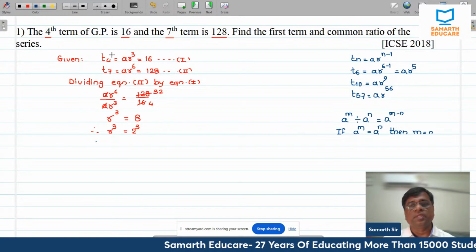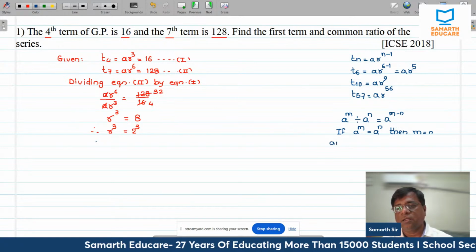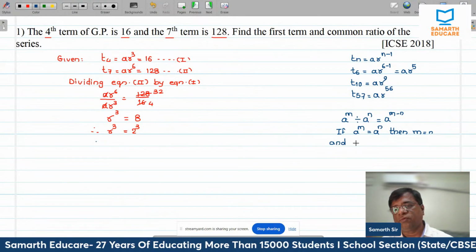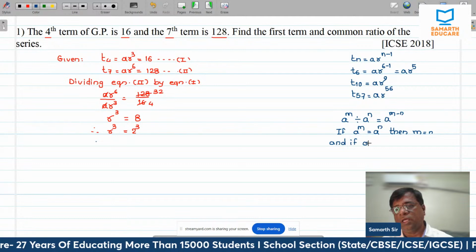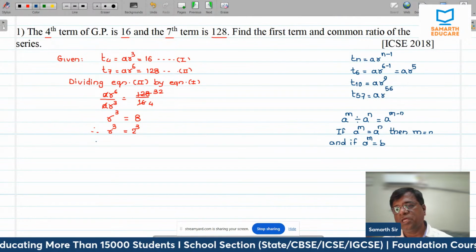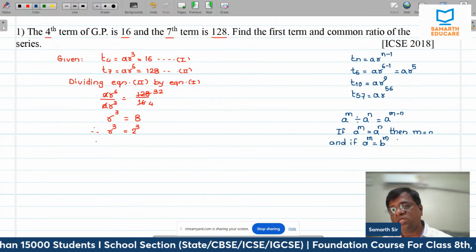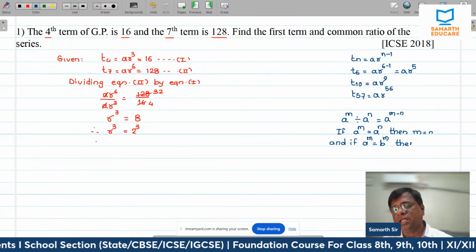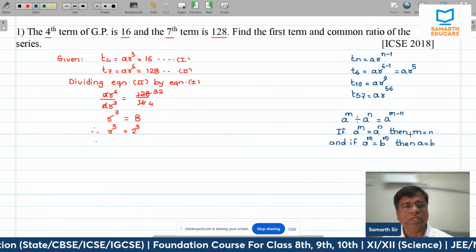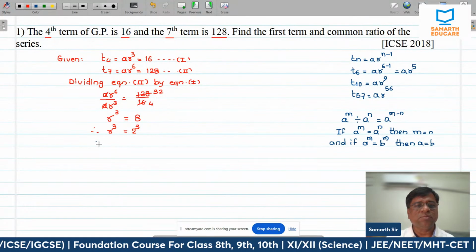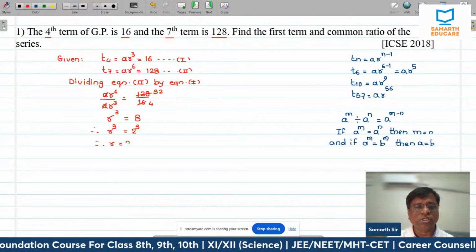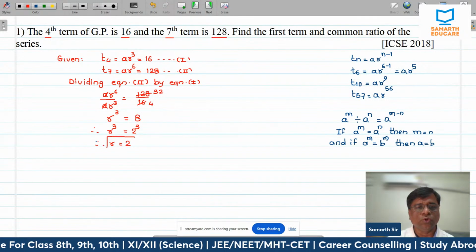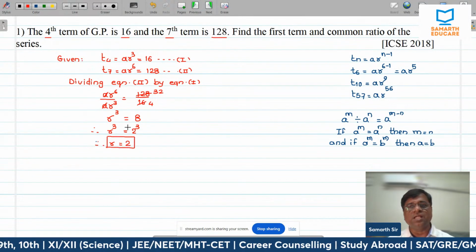And if a raised to m is equal to b raised to m, where the powers are the same, that means a is equal to b. So you can observe the powers are the same, that means the base is also the same. That is r is equal to 2. So I got the common ratio as r is equal to 2.